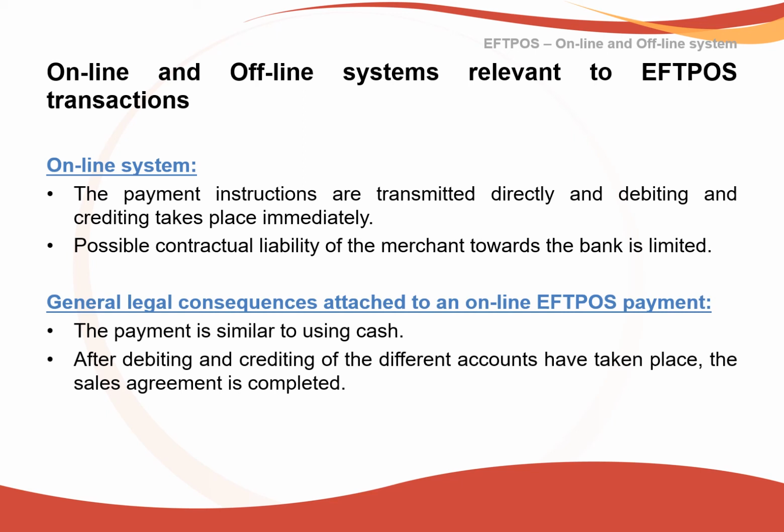With an online system, if the bank accepts the payment instruction, the bank makes payment not relying on the undertaking as in the case of an offline system. The bank makes payment as the customer's mandatory. Further, in an online system, the possible contractual liability of the merchant towards the bank is limited.